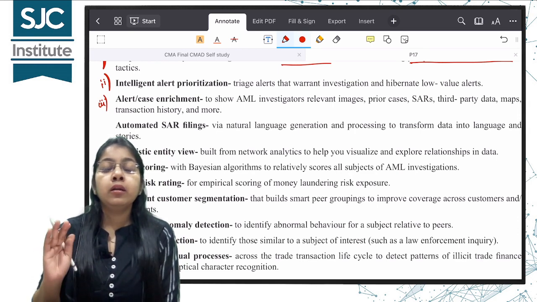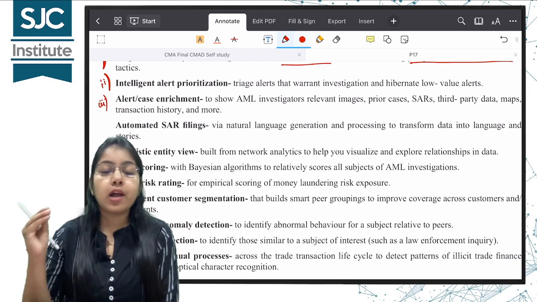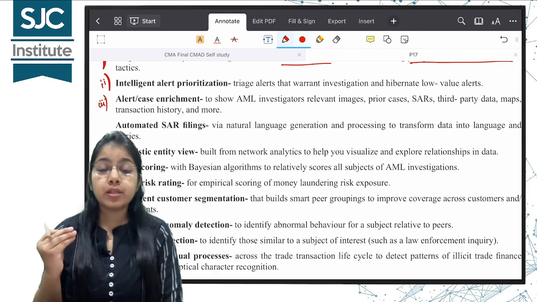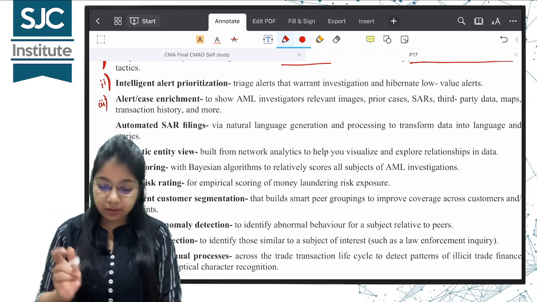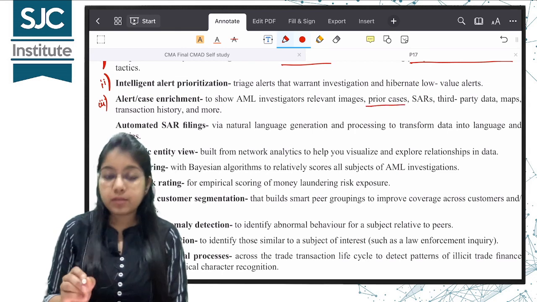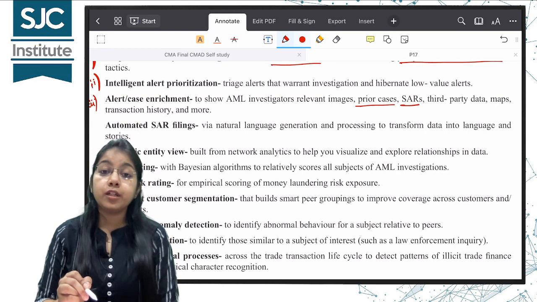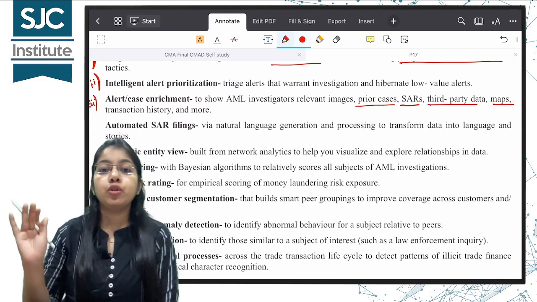Then we have alert and case enrichment. The investigators will be alerted regarding the financial transactions and given relevant images. Also prior cases, what cases were running earlier, SARs, the suspicious activity reports, third party data, maps, everything will be shown to the investigators.